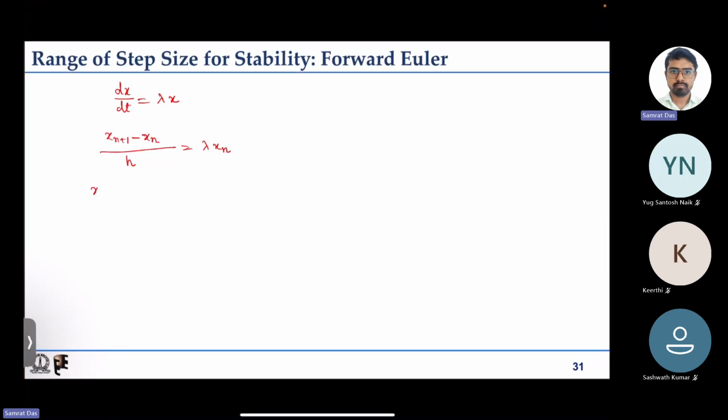If it is written, x(n plus 1) is equal to xn plus lambda into h into xn. Now it can be written in this form: x of n plus 1 is equal to 1 plus lambda h into xn.